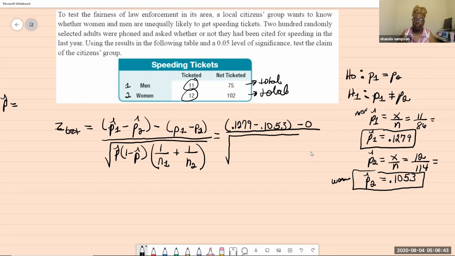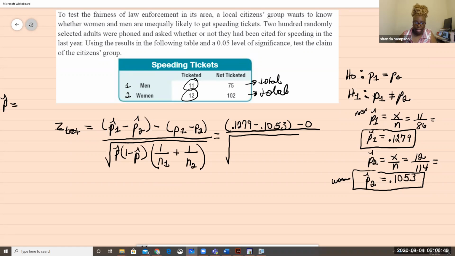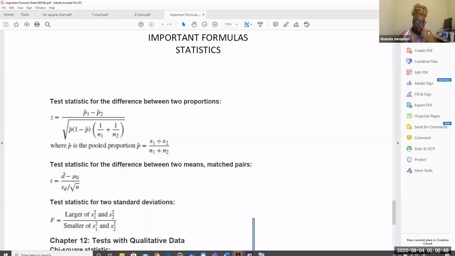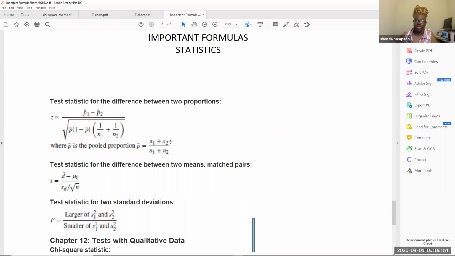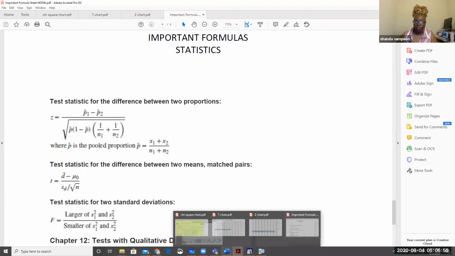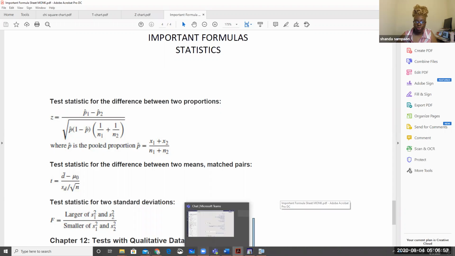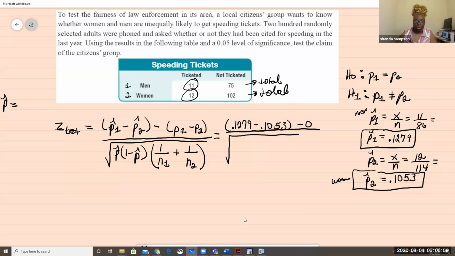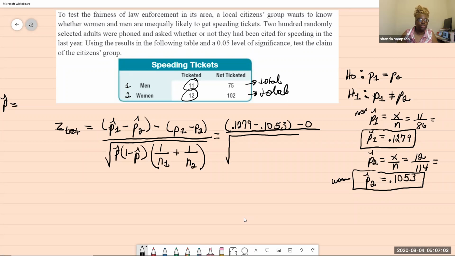Okay, and there's a formula for that p hat. Again, checking on your formula sheets, you should see that p hat is x1 plus x2 over n1 plus n2. You have to figure that out also. It's not given to you. So x1 plus x2 over n1 plus n2.